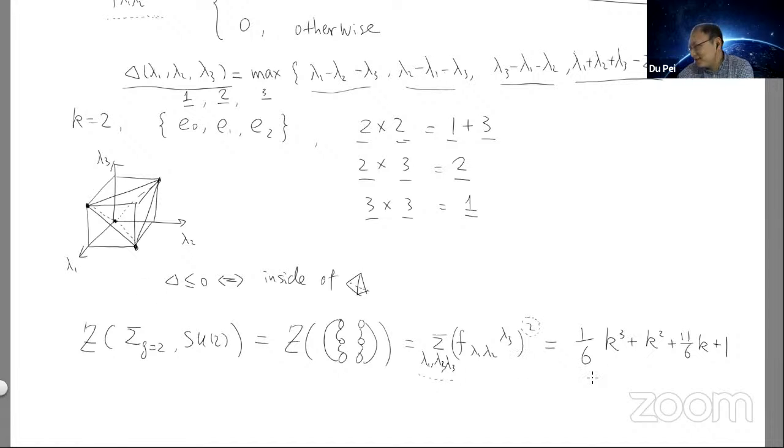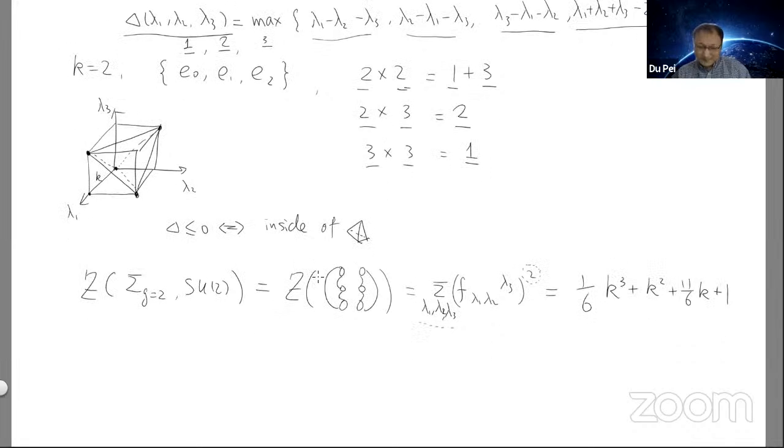It will be the following polynomial in K, where K tells you the size of the edge of this cube. And although there are some rational coefficients, actually this is always an integer.